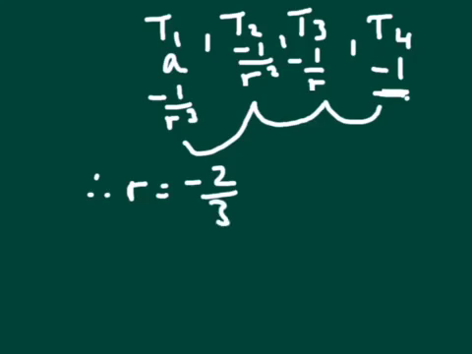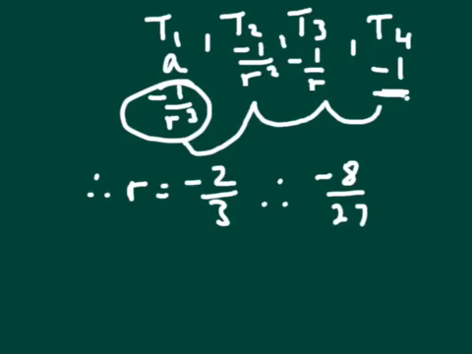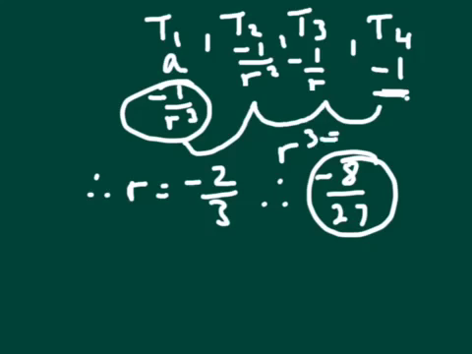So r cubed is simply -2 cubed over 3 cubed. So that's equal to -8 on 27. So a, as the first term, is equal to -1 on r cubed. R cubed equals -8 on 27.